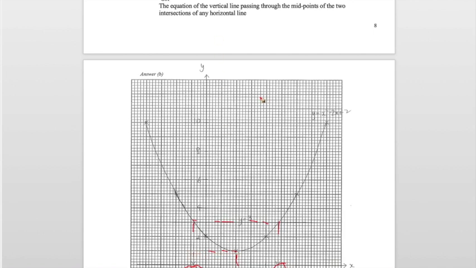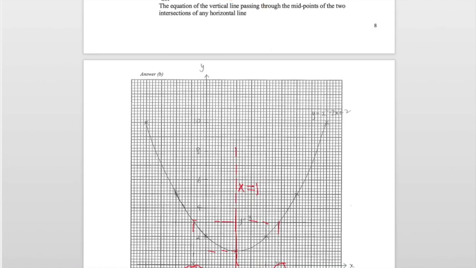The equation of the line of symmetry. Here we can see on the graph the line of symmetry, which divides the graph into two equal parts. It passes through x is 1, and the equation is x is 1. And we are asked to explain how we get that line of symmetry.